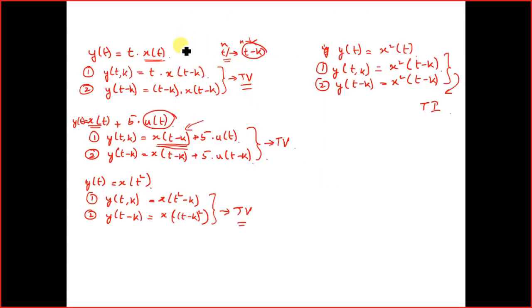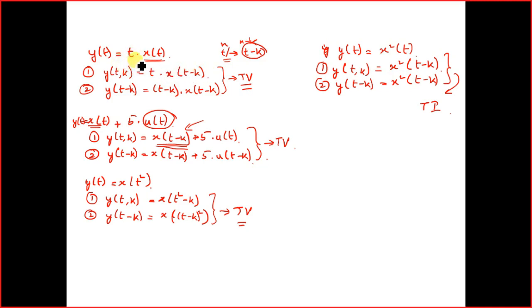So let us take this example and let's see what I meant to say. y(t) equals t multiplied by x(t). So herein we give y(t, k), which equals t multiplied by x(t minus k).